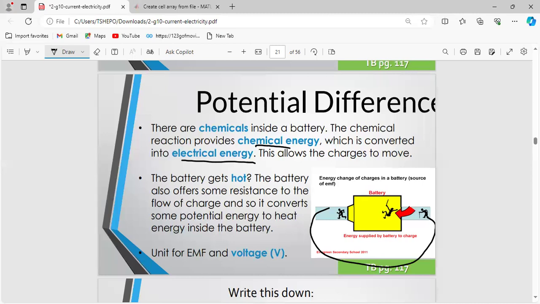Inside of the battery itself, it has resistance. So the battery also offers some resistance to the flow of charge, and so it converts some potential energy to heat energy inside of the battery. So some of the potential energy inside of the battery, because of the resistance of the battery, will be converted into heat energy.